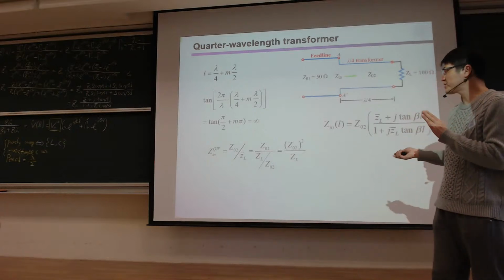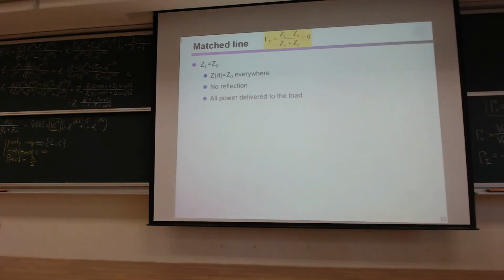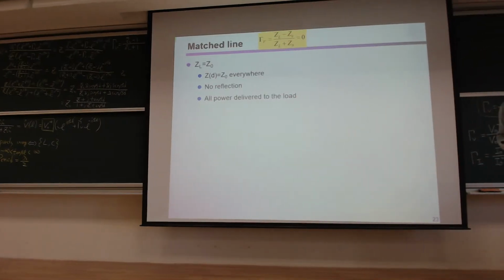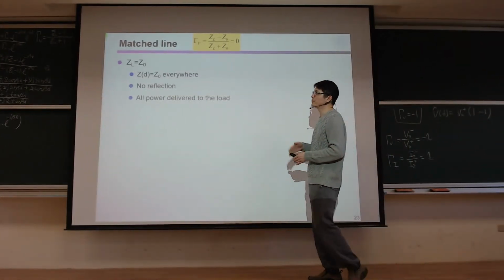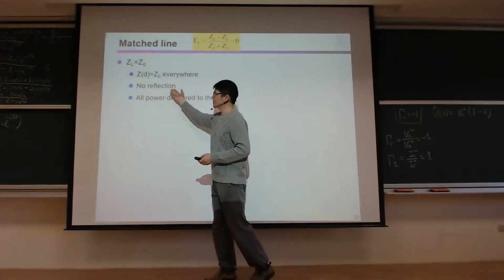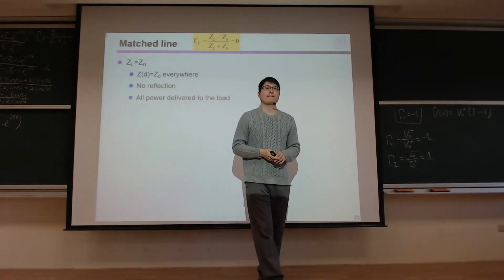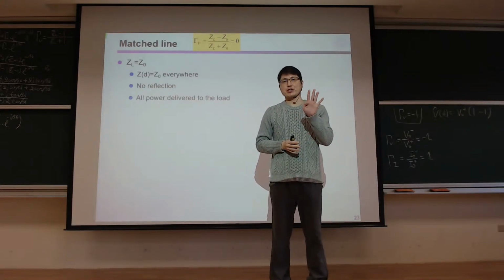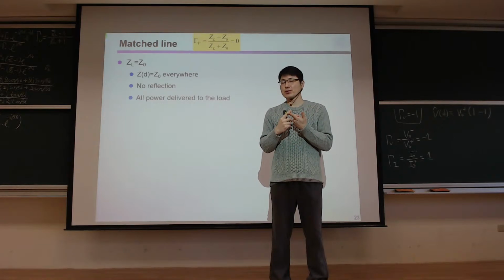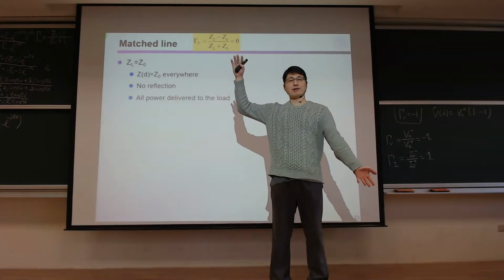Impedance matching means you have maximum amount of power delivered to the load because there's no reflection. So I talked about 5 special cases: short, open. They both give you purely imaginary impedance with unbounded value.